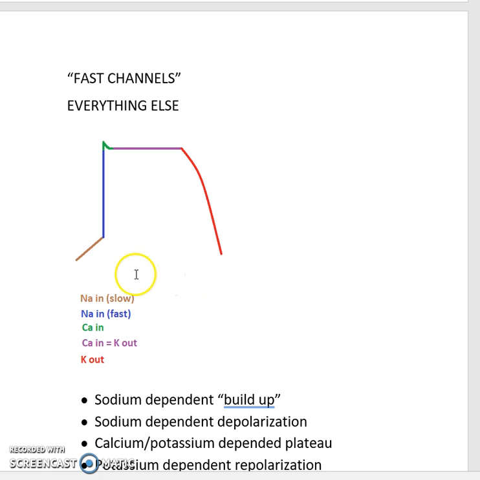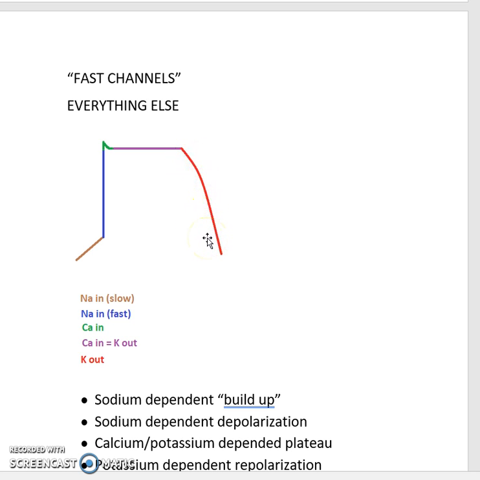To review them, here we have the slow leak of sodium into the cells until they reach the threshold, which then causes a rapid depolarization of sodium rapidly entering the cell, a small calcium kick, and then calcium continuing to enter the cell while potassium leaves the cell to maintain the plateau, and finally calcium leaving the cell to repolarize.